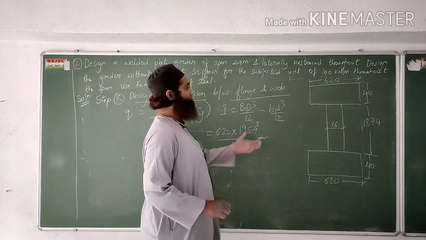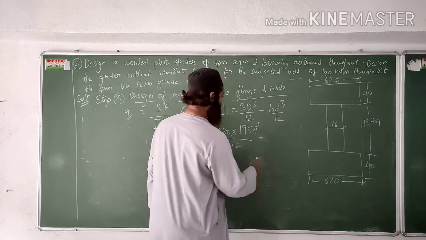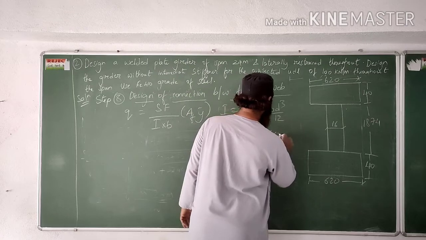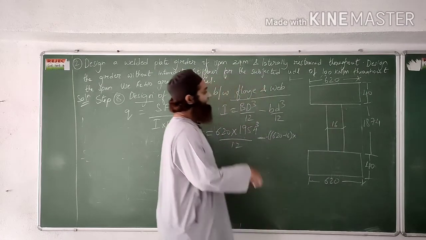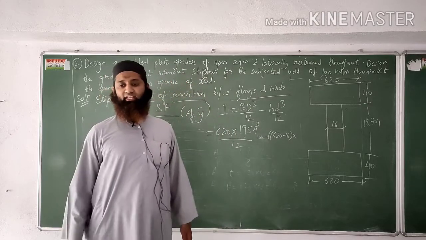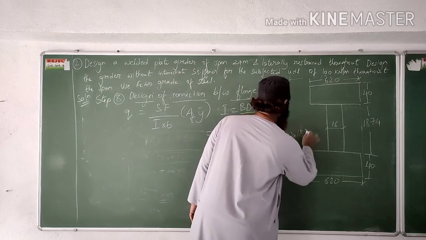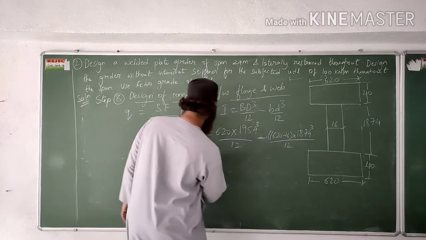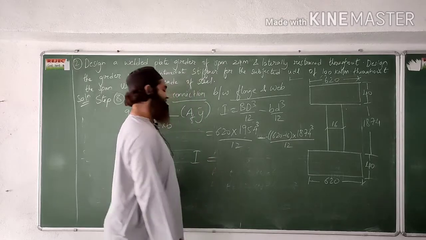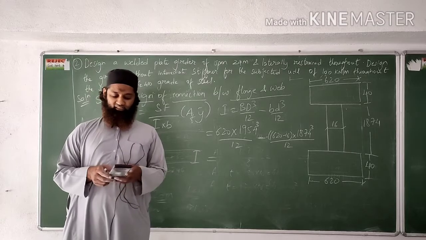Now for small b, we have seen only for this, so 620 minus 16 you have to write, into d cube, which is only 1874. d cube will be 1874 cube by 12. Please calculate this. What is the value you are getting? Please check this value.